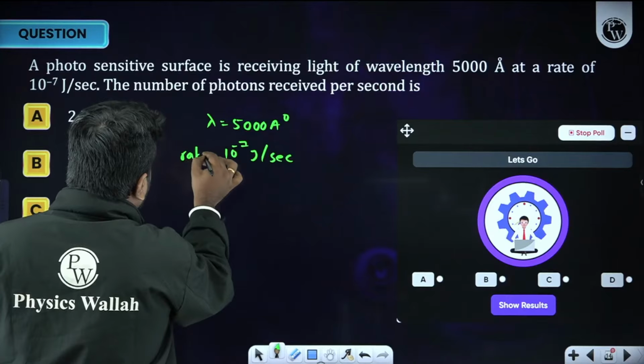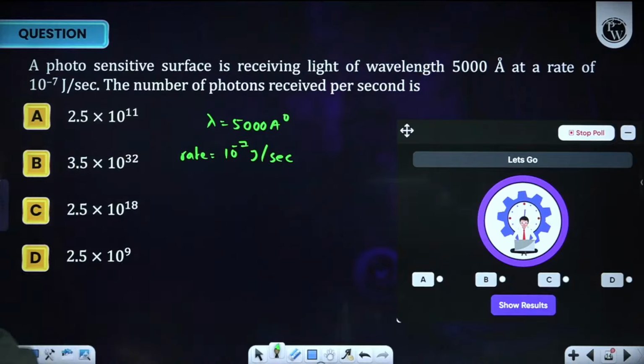Now they are asking the number of photons received per second. This is also per second only. What is the approach we can use here?